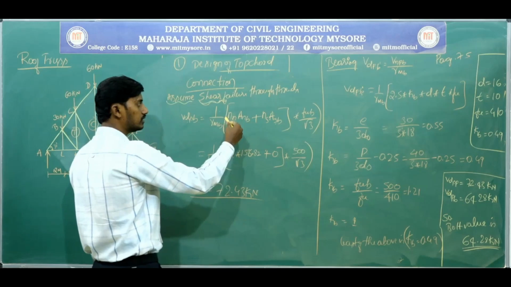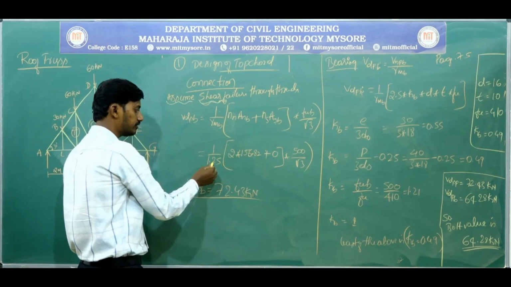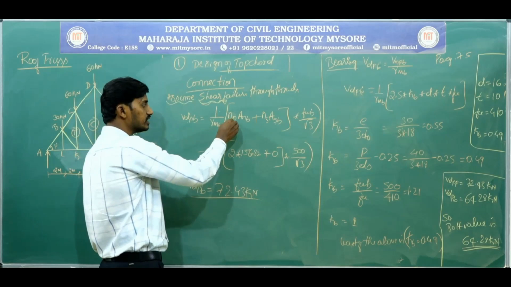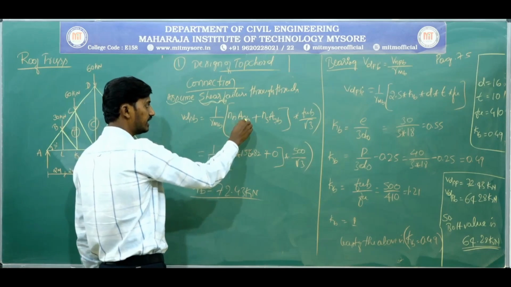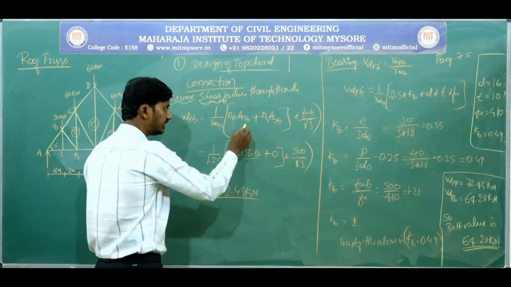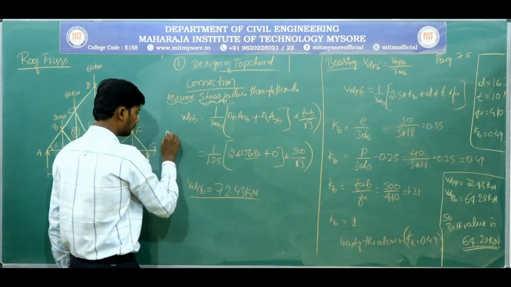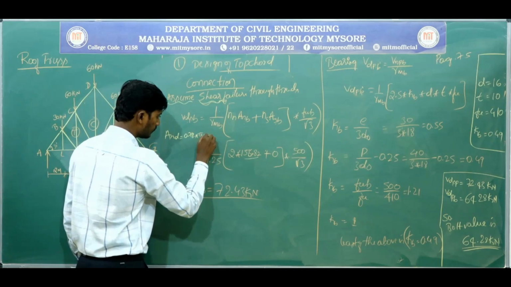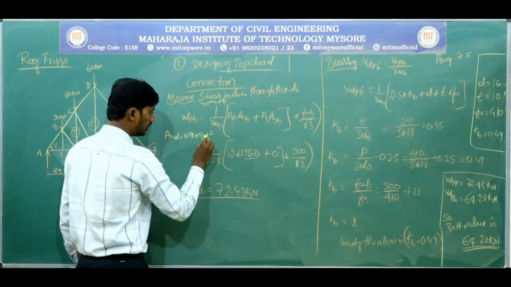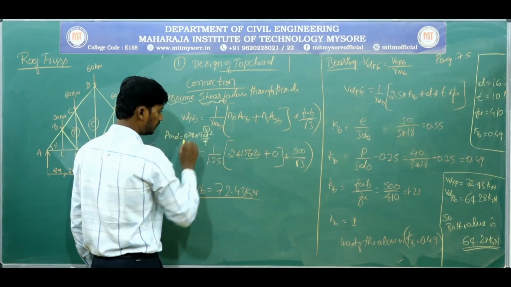So if you put the values, gamma MB, the factor of safety, is 1.25, the available shear planes is 2 planes, and ANB is the net area of the bolt, that is ANB is equal to 0.78 into pi d square by 4. D is 16 mm.